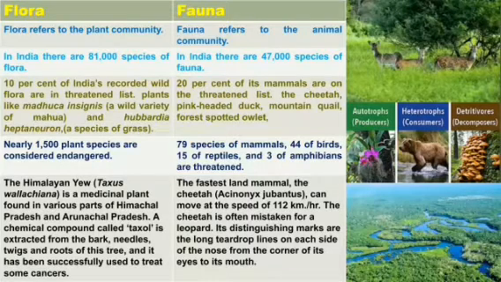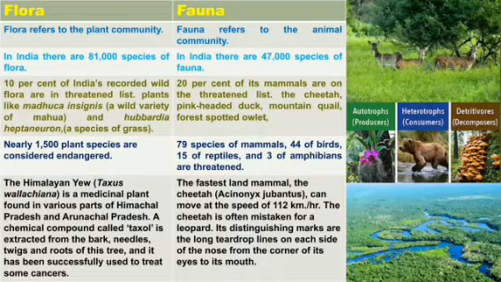Fauna. Here is one example of an animal, that is the cheetah. That is Acinonyx jubatus, the scientific name. It moves at the speed of 112 kilometers per hour. The cheetah is often mistaken as a leopard.